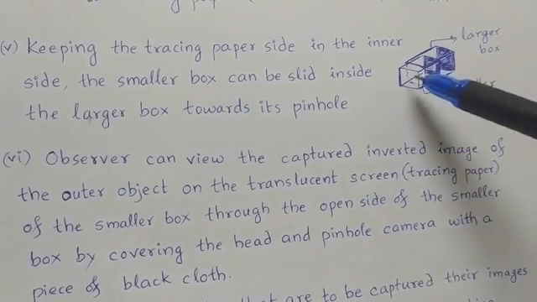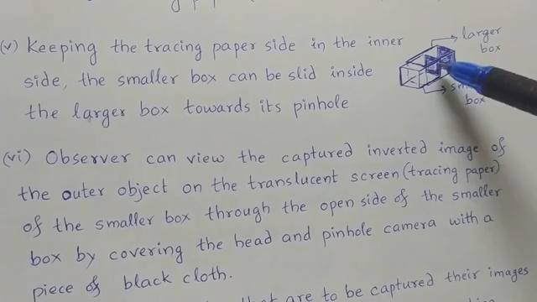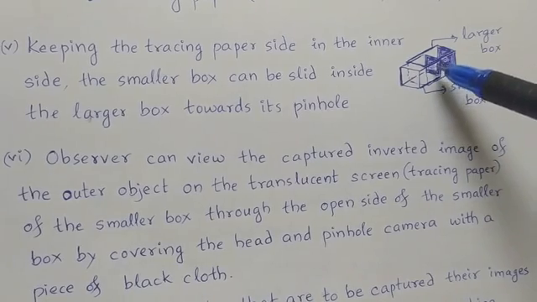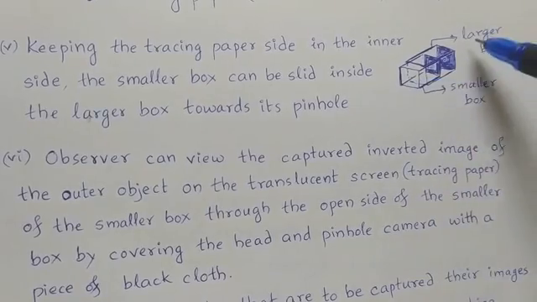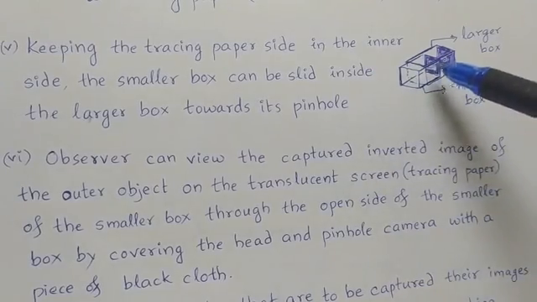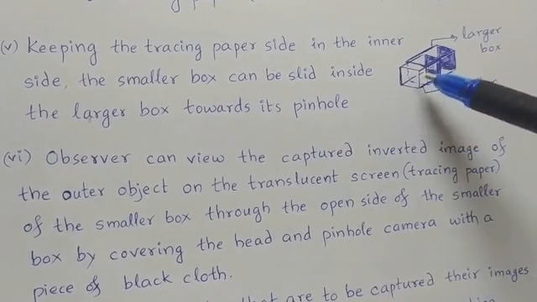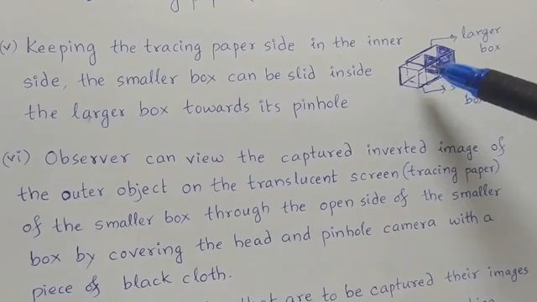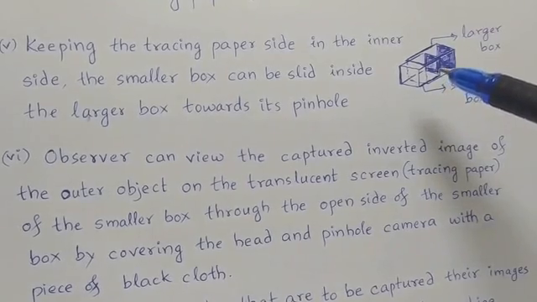So from here you can see the inverted image that is formed on the tracing paper. Light falls through the pinhole and you can see the image on the screen through this open side of the smaller box.